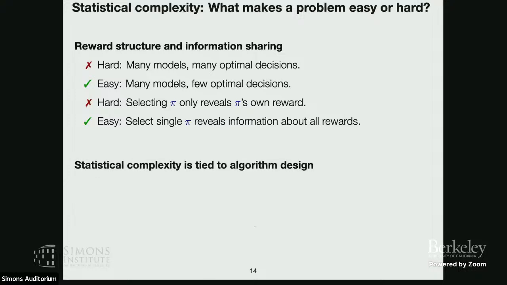For the examples we just saw, they had different statistical complexity, but the strategies we had to use to achieve this were very different. It wasn't like we were fixing some algorithm like ERM or SGD and trying to understand how well it performs when we change the underlying problem, like you might do in supervised or statistical learning.